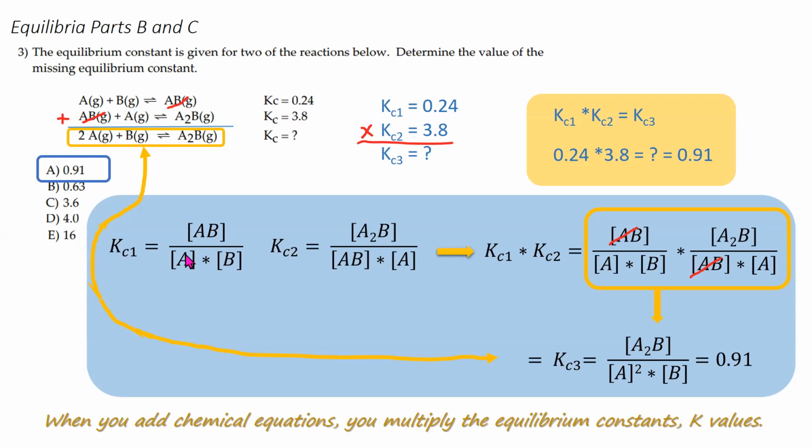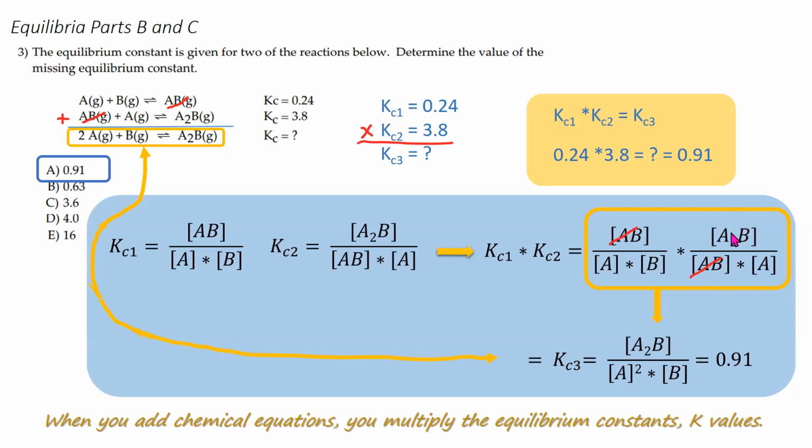So just to show you why this works, let's look at the K for the first reaction. So AB over A times B. For the second reaction, that's A2B over AB times A. And if we multiply K1 times K2, so we're just multiplying these two together, the AB's cancel out.